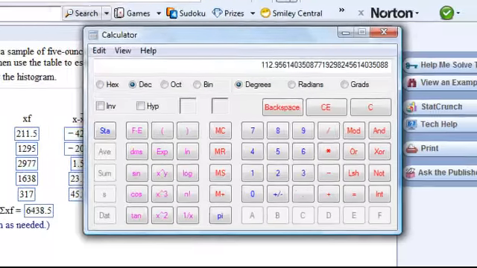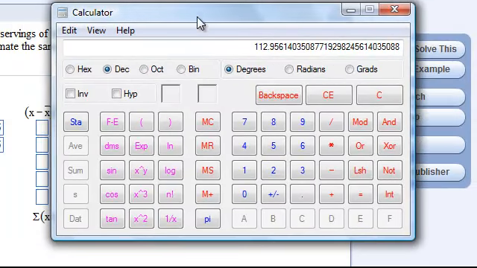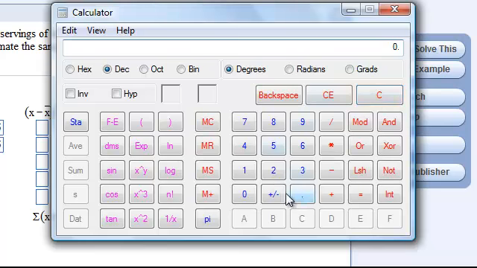Okay, now moving along to this column, I'll do the first bit of mathematics on the calculator on the computer. I'm going to do negative 42.5 and make that negative, and I'm going to square it.